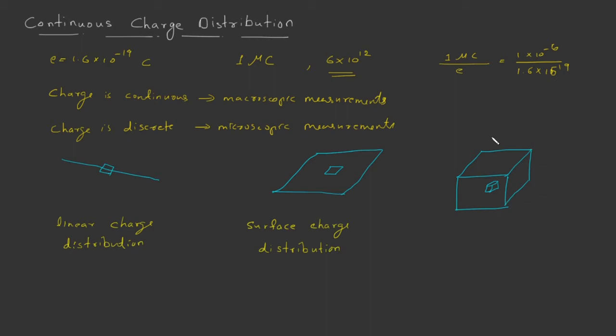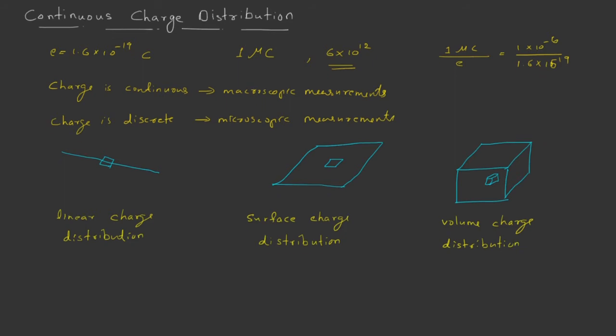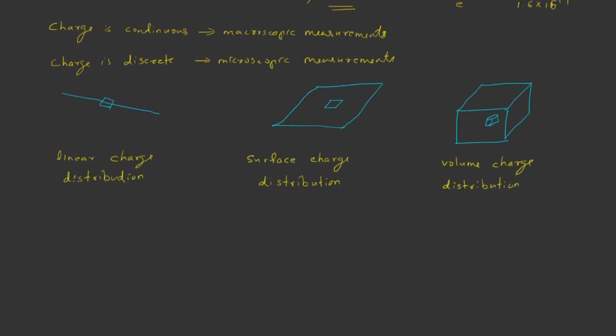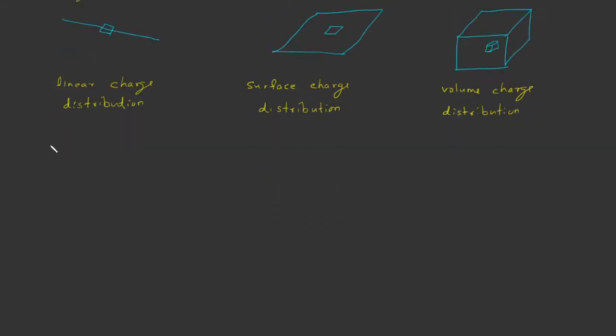And if charge distribution is in a volume, it is called volume charge distribution. And corresponding charge densities are called line or linear charge density, which we call lambda.